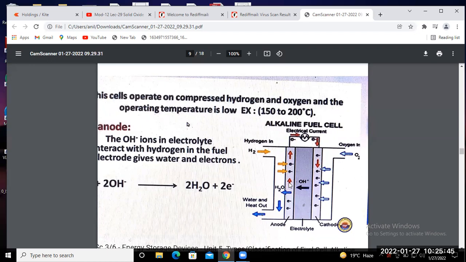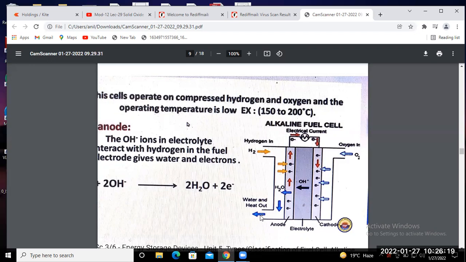Electrons flow from this direction to this, and the electric current is in the opposite direction to the flow of electrons. If electrons flow from this point to this point, then the path for the current is cathode to anode terminal. Here again water is let out from this path. So this is all about the alkaline fuel cell.